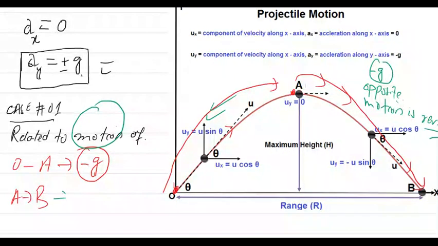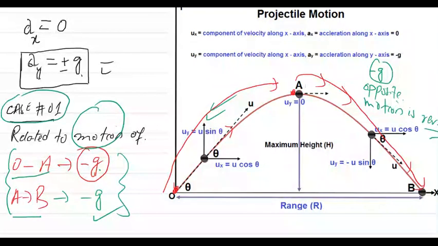Even if I take O to A, it will be the negative sign, and I gave you the reason. And if I'm taking any position from A to B, I will take minus g. Same thing. That's why there's one concept, case one: always during the projectile motion, whatever position we take, the value of g always remains negative.